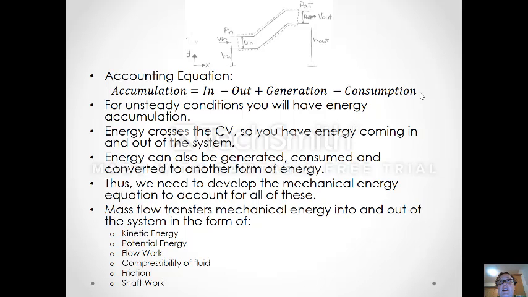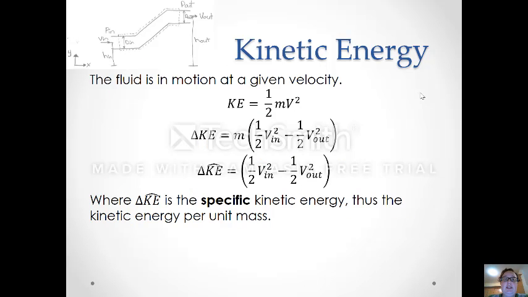So we can have pumps, work being done, turbines and all those sorts of things that are converting fluid mechanics energy into potential electrical energy or going the other way. So the main energies we're going to look at are kinetic energy, potential energy, flow work, compressibility of the fluid, friction, and some shaft work.